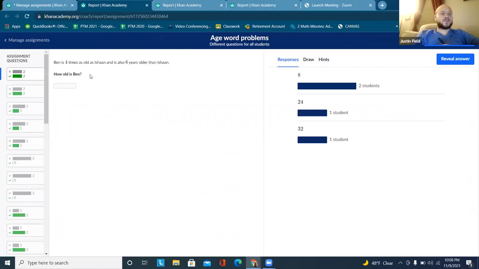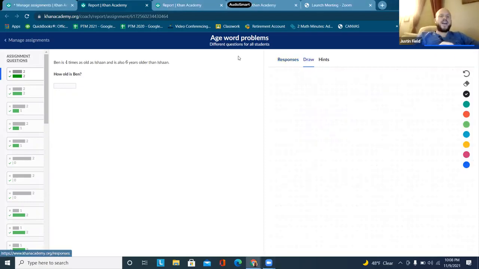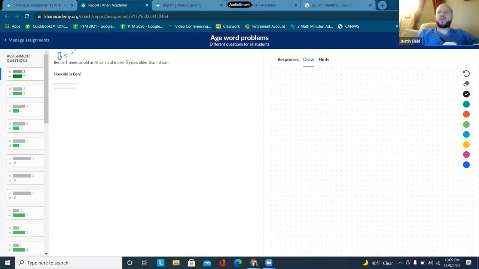Age word problems. So when we're doing the age word problems, first thing we want to do is read it. Ben is 4 times as old as Ishan and is also 6 years older than Ishan. Okay, so if you're not sure about this, then you can put in some numbers to make sense of the problem.